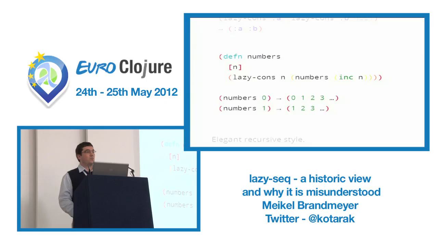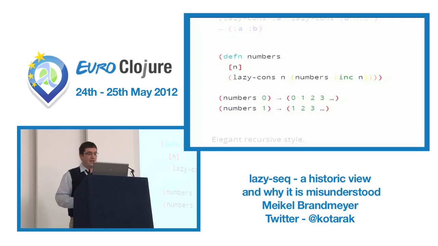If lazy cons would calculate the tail immediately, you would have a recursive loop here, and since we don't have a base case which terminates this loop, we would just recurse infinitely far until we get a stack overflow. But due to the fact that the computation of this tail is delayed until we really need it, we can basically create an infinite list.